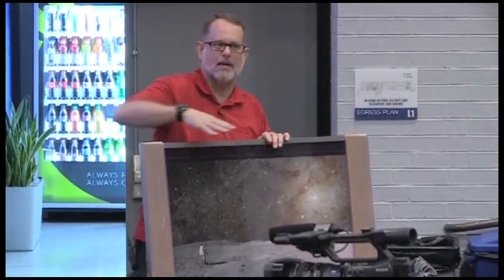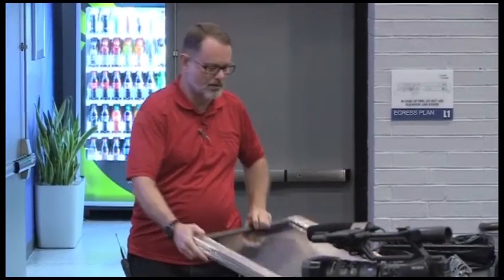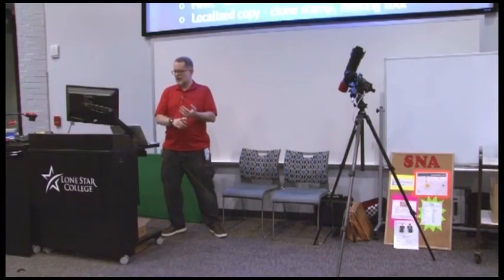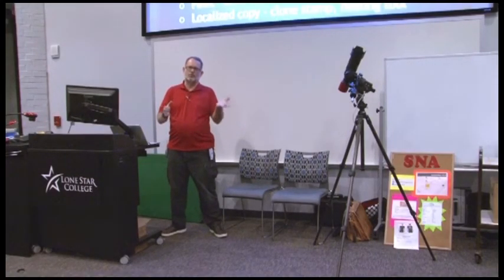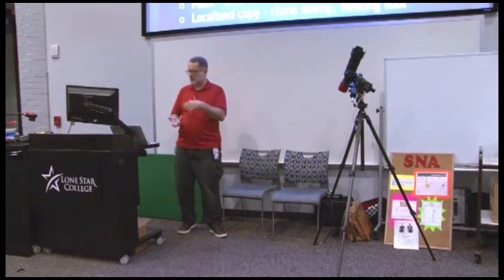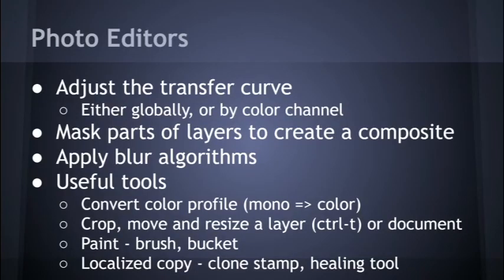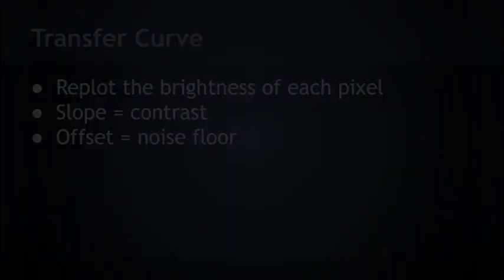So that's all done with masking, where you mask out one part of the image and then let another part of a layer shine through to make a composite of different images. They apply blur algorithms, and then they have some tools where you can convert between mono and color, crop, move, and resize a layer or the entire document, painting with a brush or a bucket, and localizing a copy. So clone stamp or healing tool, that's what those do.